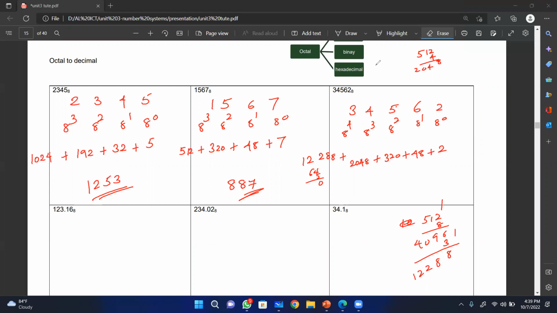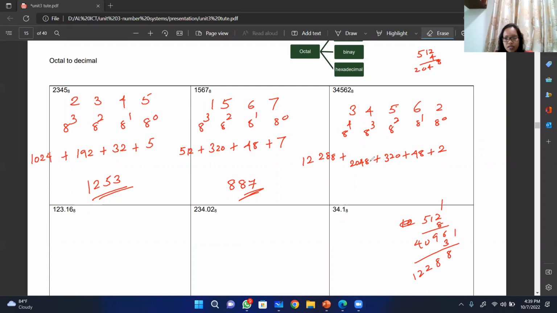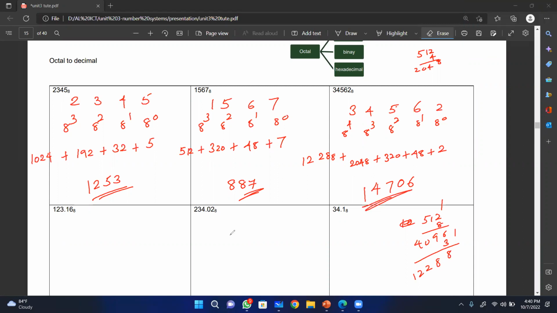Right. Then altogether 14,706. Correct? Alright. Right. Next one, it's having some fraction parts as well.